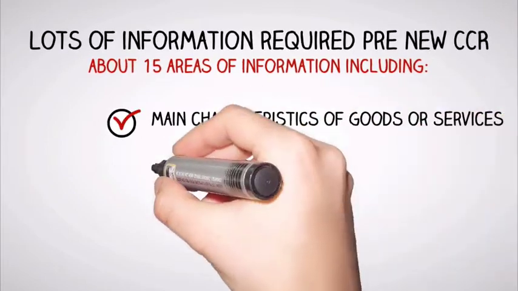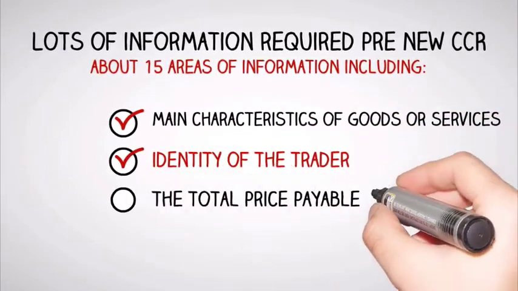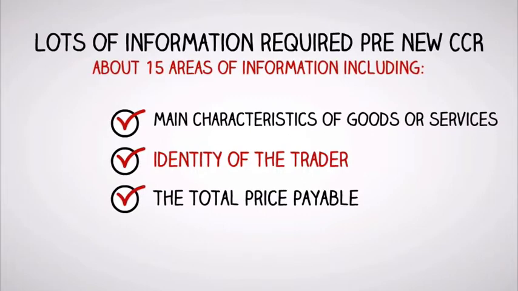Now lots of information is actually already required in the existing law before the new Consumer Contracts Regulations. About 15 areas of different information that you had to provide in your terms of business, including the main characteristics of the goods or services, the identity of the trader, and the total price payable.